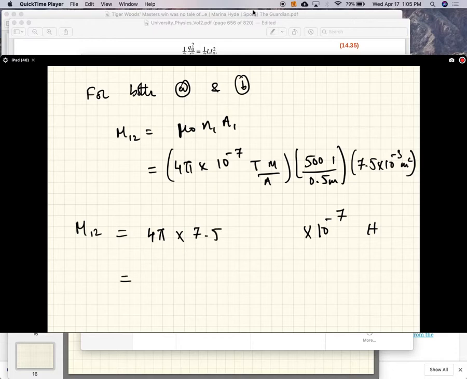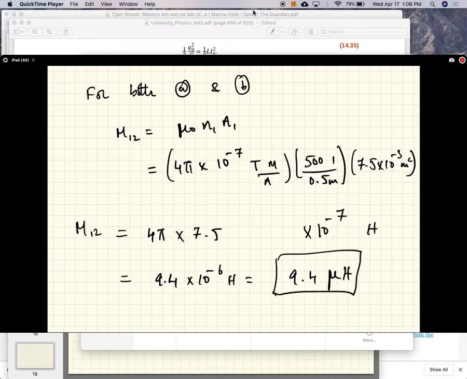According to our friendly calculator, this is 9.4 times 10 to the minus 6 henries, or 9.4 microhenry. So that's the mutual inductance.